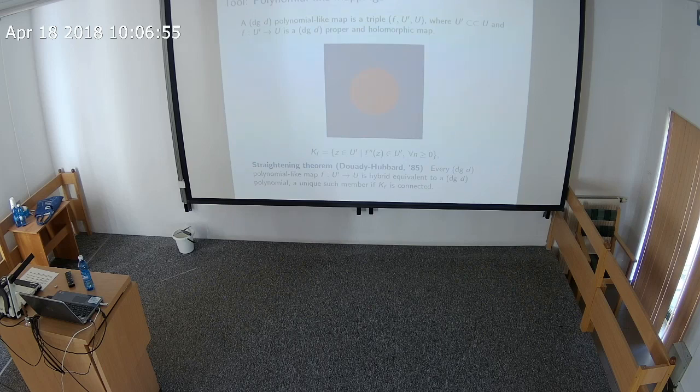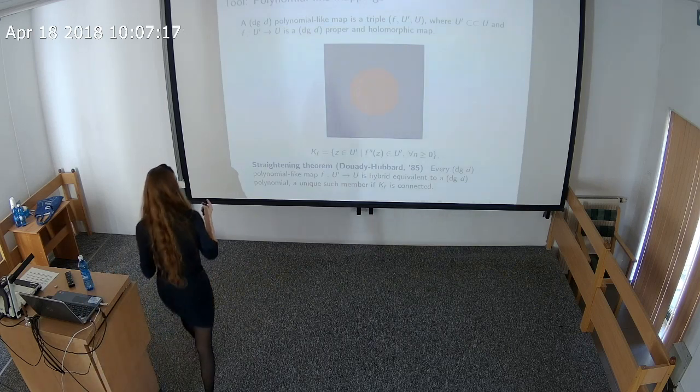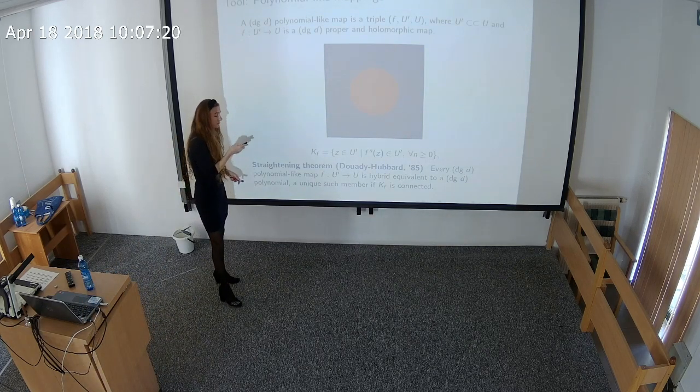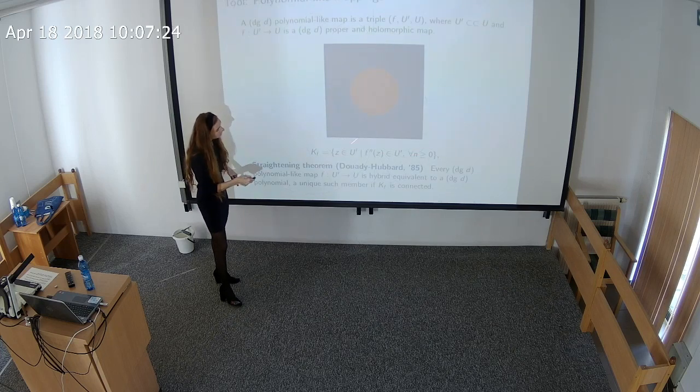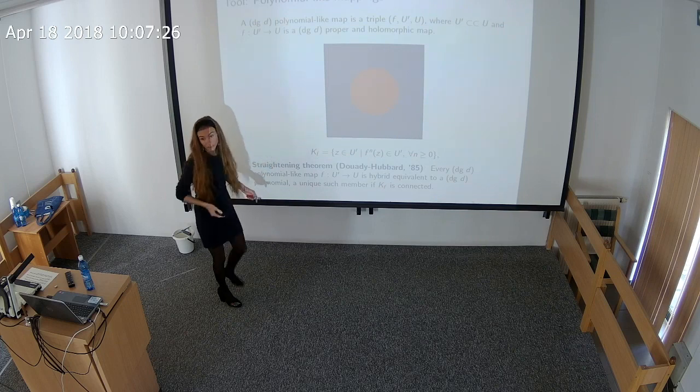So it's the data of 3 things: one set U prime, compactly contained in a bigger set U, and a map F sending properly and holomorphically your smaller disk onto your bigger one, with some degree D. And Douady and Hubbard define the filled Julia set for these as the set of points that never leave your domain.